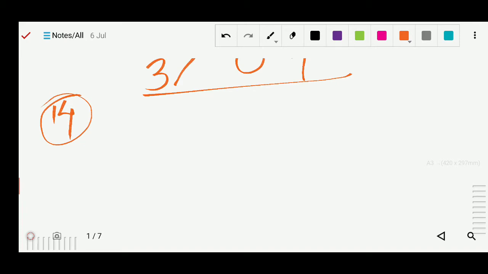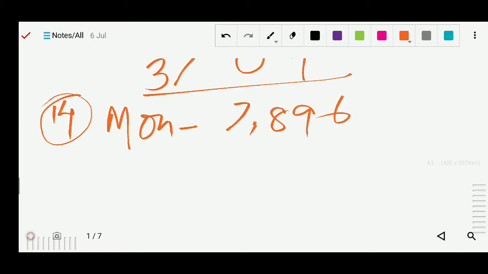7,896 visited an amusement park on Monday. So on Monday, how many persons came? On Monday, 7,896 persons came. Okay, on Tuesday, how many? 6,293.